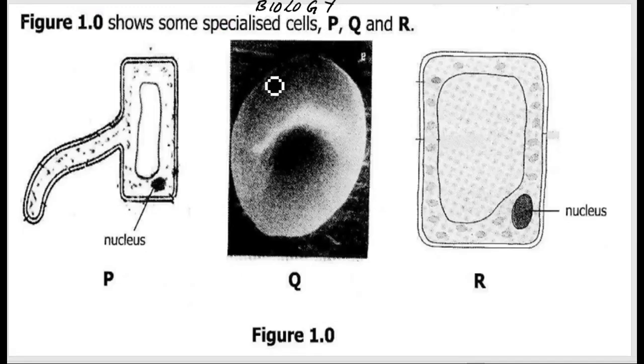Usually they bring either one or two or three cells, and you have to be able to recognize the cells that they bring. Before we answer the questions on these three given cells, let us first give a highlight or a background of specialized cells.